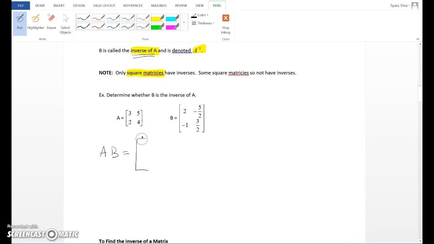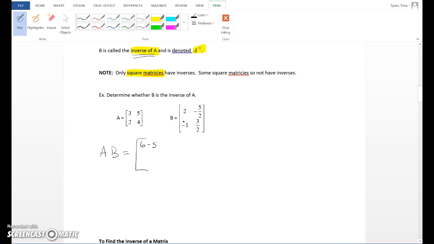All right, let's look at the dot products, and I'm going to write this out. 3 times 2 is going to be 6, and 5 times -1 is going to be -5. That's in the 1,1 position, row 1 dotted with column 1.